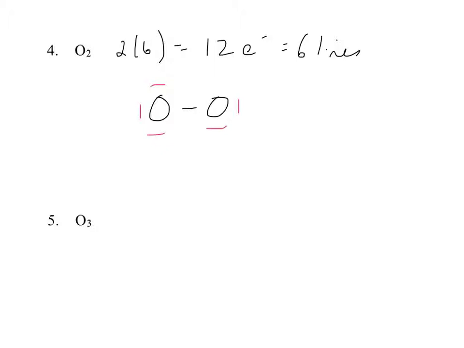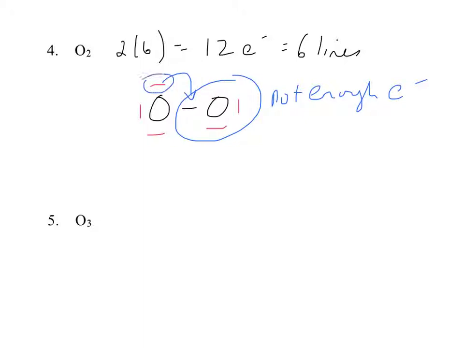This presents a problem, since this oxygen has not enough lines, or not enough electrons representing the lines. Therefore, we need to remove one of the valence electrons on the oxygen on the left, doesn't matter which one we choose, and put it into the middle, resulting in oxygen with 2 lines in the middle, and oxygen with 2.